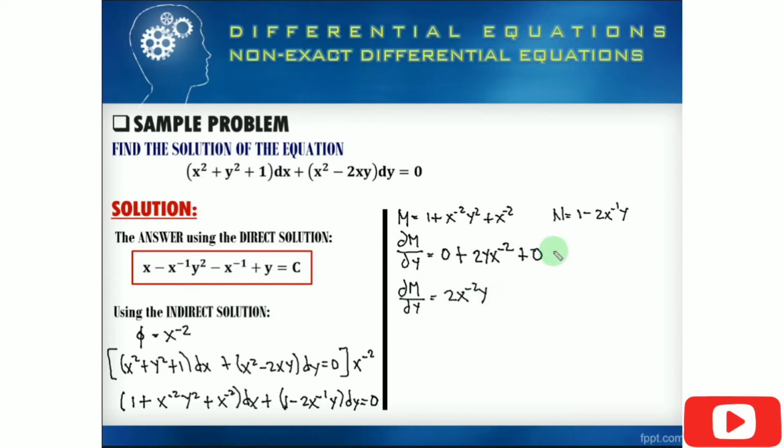Okay, how about the partial derivative of N with respect to x? Here x is our variable, and the partial derivative of a constant is just 0, and then we have minus.